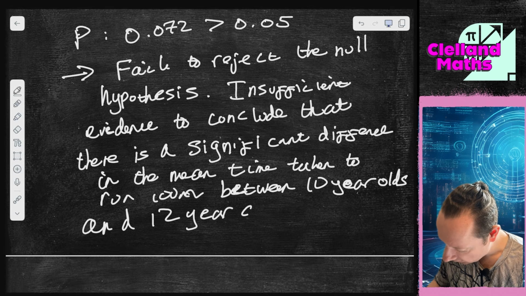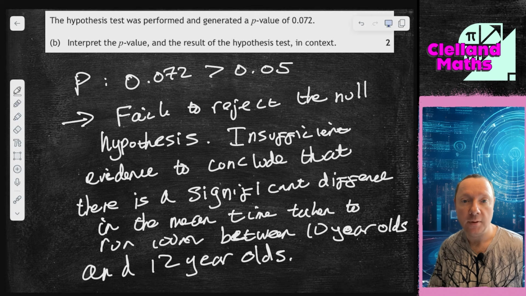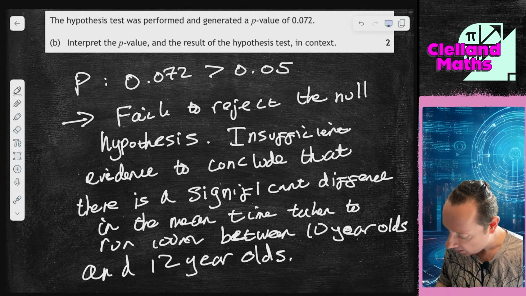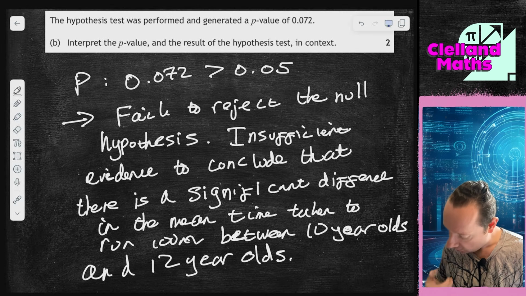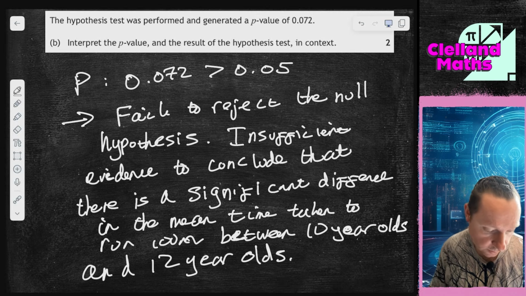Now, it's a little bit nuanced, this question. So, fail to reject the null hypothesis. You can't accept it because it may well be that there is a difference. It's just that this particular data doesn't actually give you anything, right? So there is insufficient evidence, or there is not enough evidence to conclude that there's a significant difference in the mean, okay, based on this.